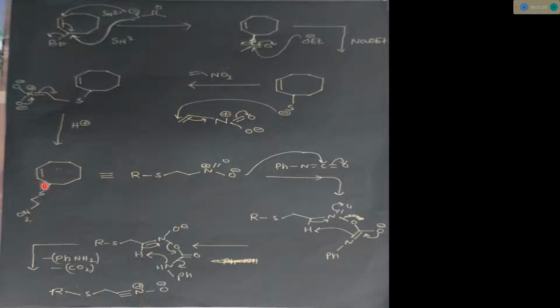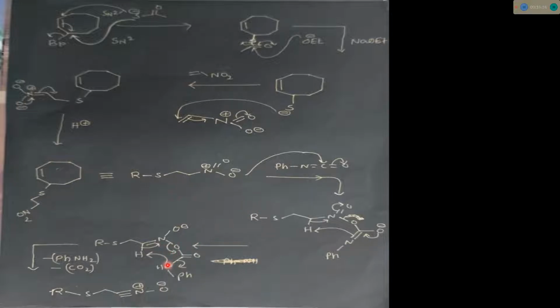Now, for simple drawing purposes, we just assume this whole ring as an R group, and now if we draw the resonance structure of the NO2 group, it will be this. Now this O minus attacks the carbonyl carbon of the phenyl isocyanate, and it forms this compound. Now this O minus negative charge pushes back, this double bond breaks, and it abstracts a hydrogen from this carbon. Then this intermediate will form.